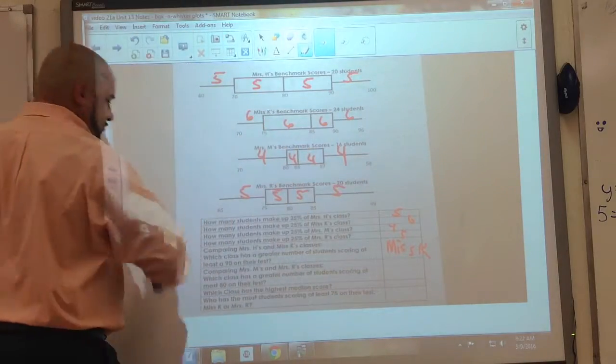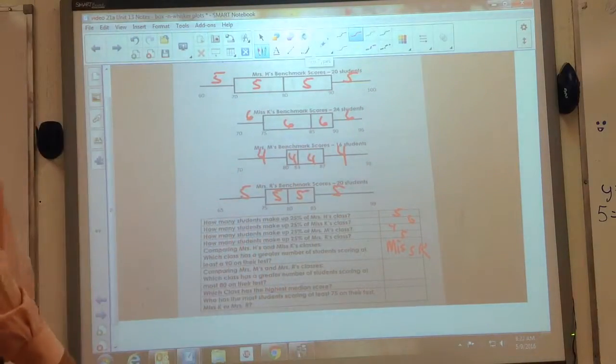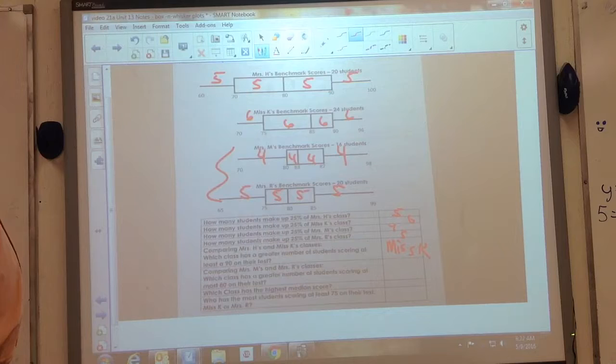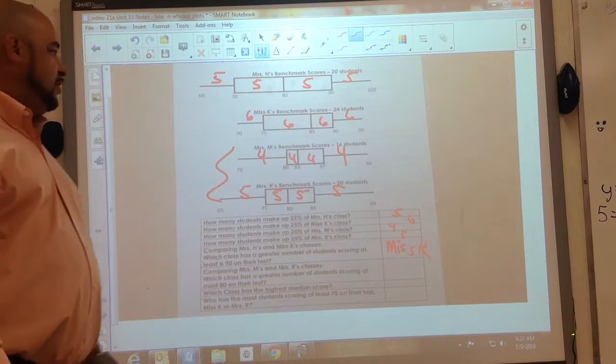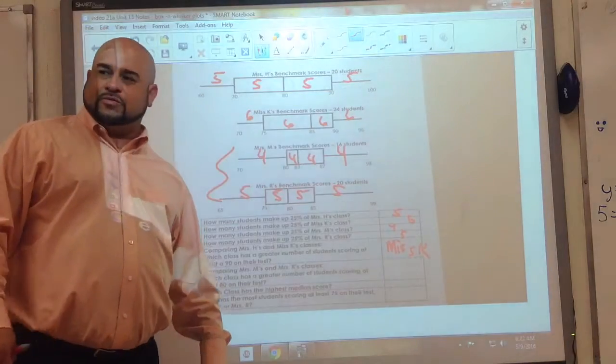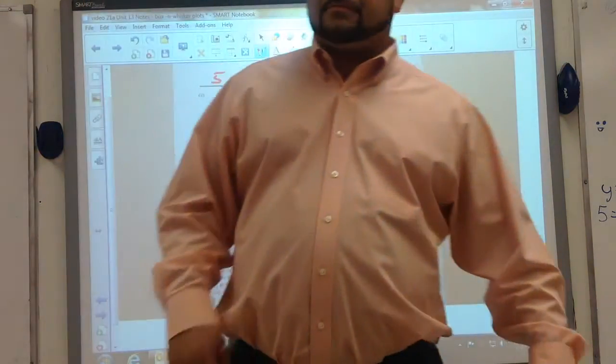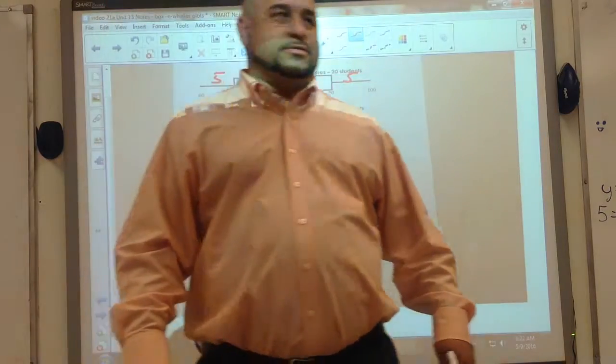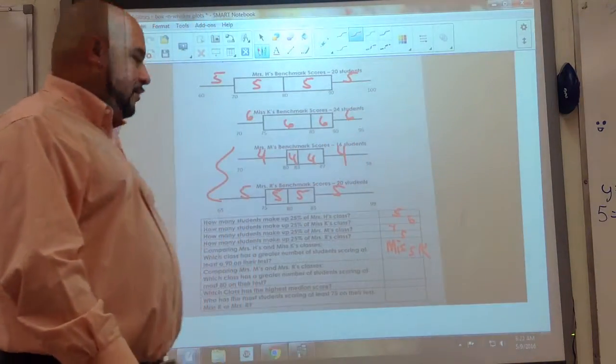Alright, next question. Comparing Mrs. M and Mrs. R's, so right here, which class has a greater number of students scoring at most 80 on their test? At most. What does at most mean? 80 or above. Is that correct? At most?